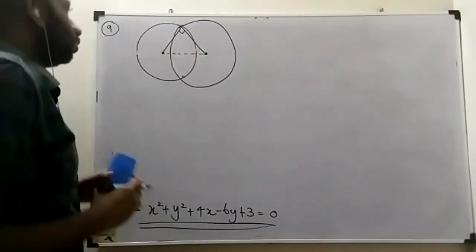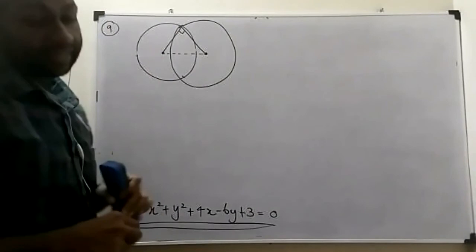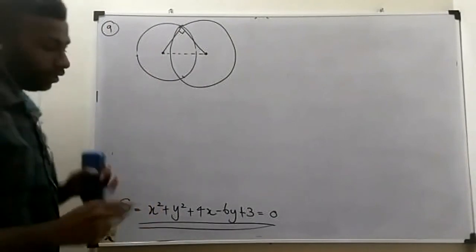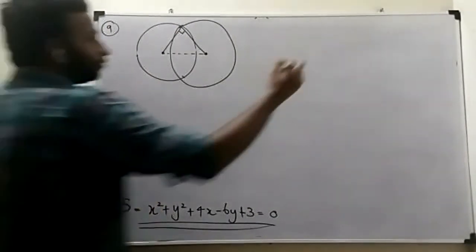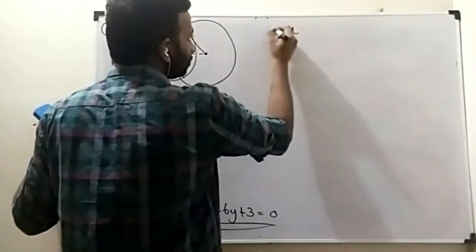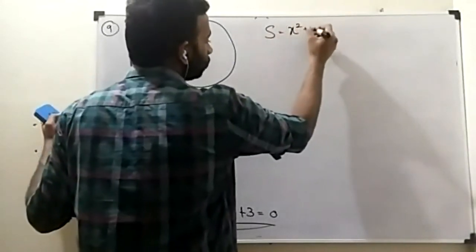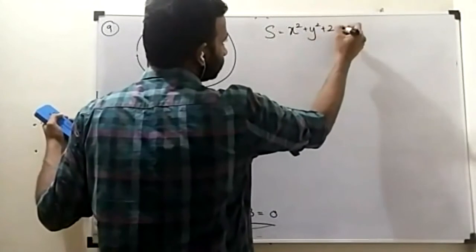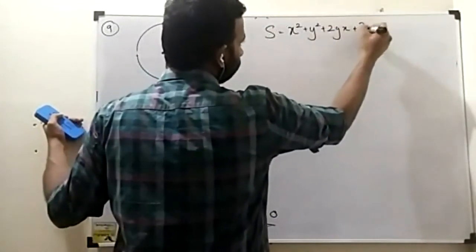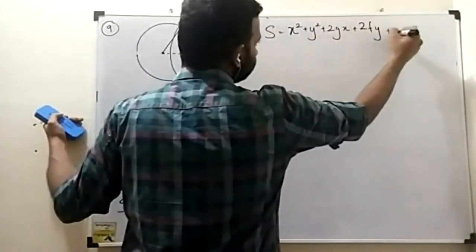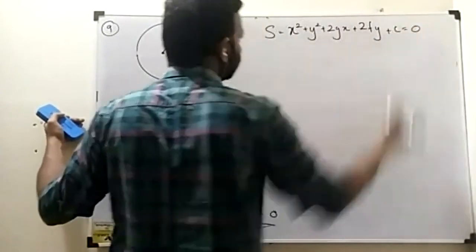Now, what is the theorem that we can use to represent this? First of all, as I said before, the normal format of a circle is S equals x squared plus y squared plus 2gx plus 2fy plus c is equal to 0.